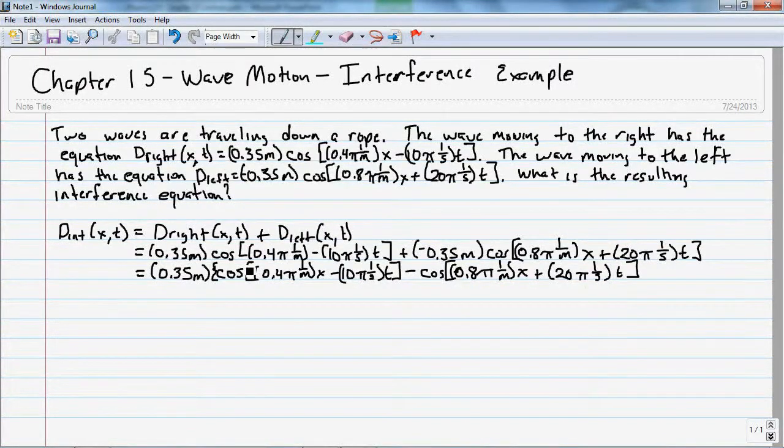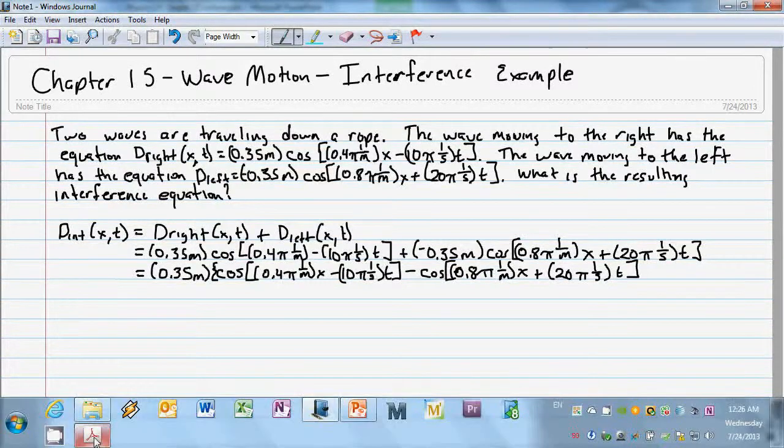Now, I'd like to get rid of these cosines. I have a cosine of some angle minus cosine of another angle. So how can we simplify this?